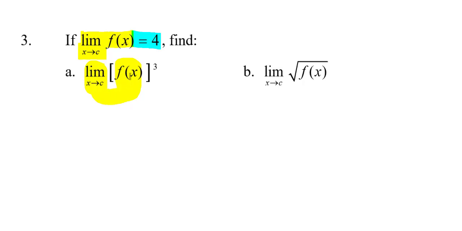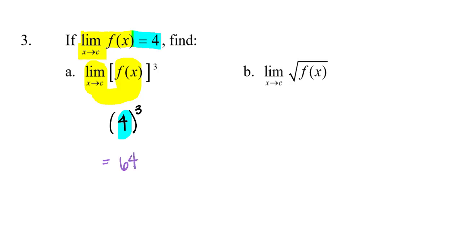Limit as x approaches c of the function, but in this case, you're cubing the function. So guess what you would do? If you guessed you would cube the limit, then you would be right, because you are cubing that limit, right? Or that y value, or that output. So this should just be 64.